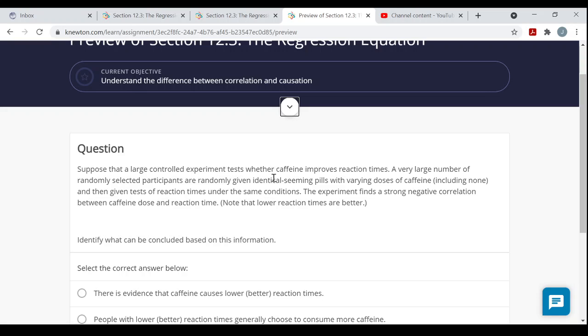A very large number of randomly selected participants are randomly given identical-seeming pills with varying doses of caffeine, including some people who get no caffeine in their pills, and then given tests of reaction times under the same conditions. The experiment finds a strong negative correlation between caffeine dose and reaction time, meaning the following.